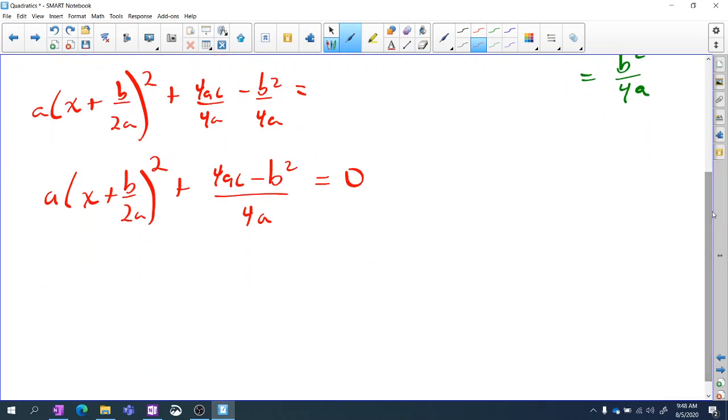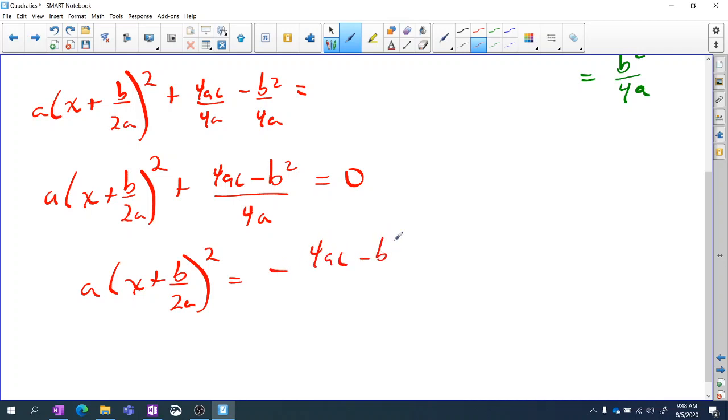Well, that's going to leave us with a times x plus b over 2a, all squared. So when this goes to the other side, it's negative 4ac minus b squared over 4a, like so. A negative with a fraction can either go to the denominator or it can go to the numerator, but it has to go through the whole numerator.